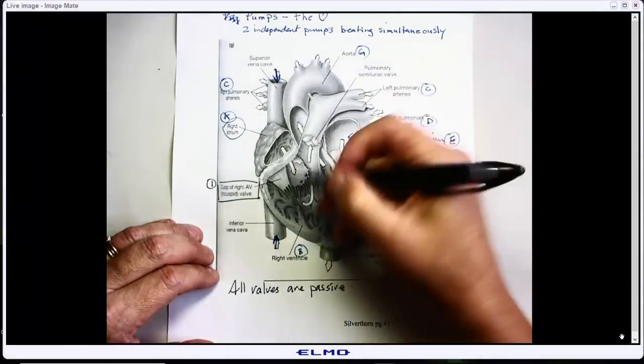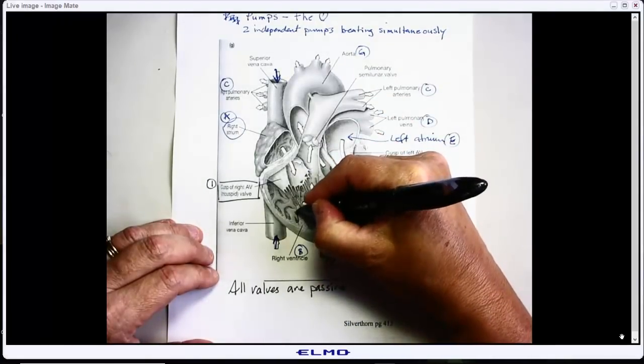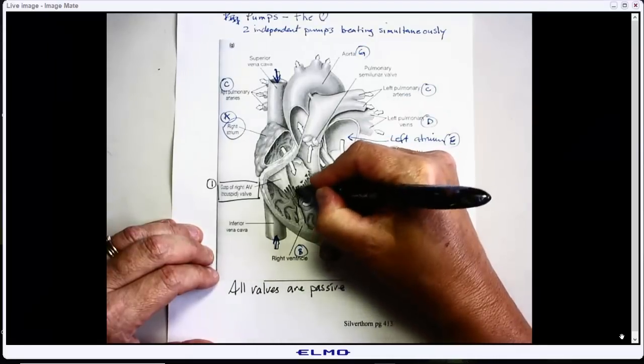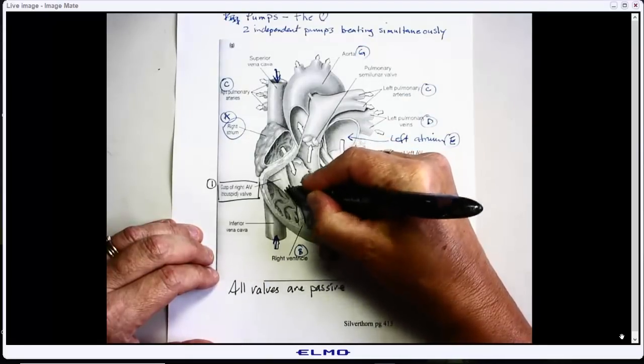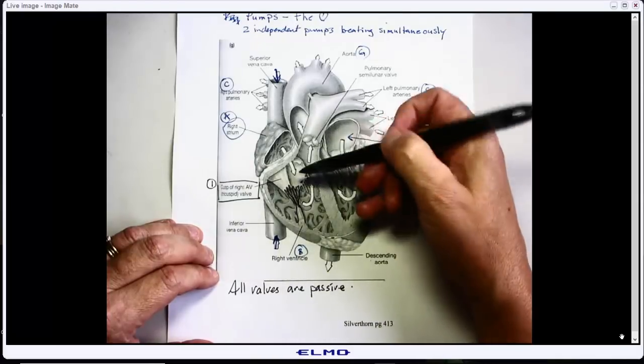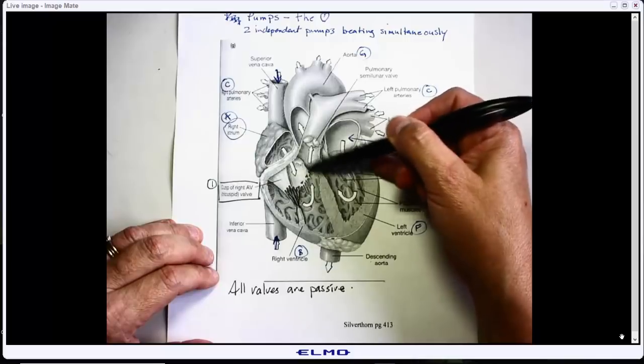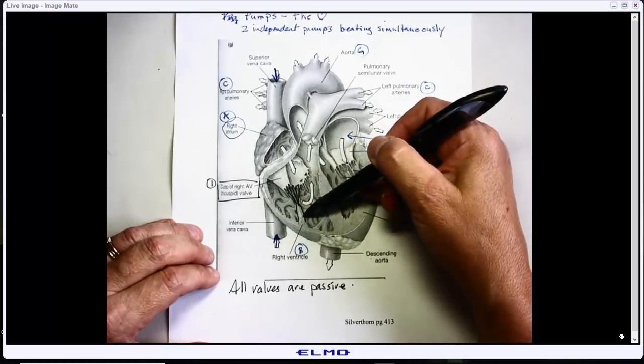Okay, it does look like there's this little papillary muscle here that is desperately clinging on to this wall of the valve. So it does look like there's some sort of muscle attached to it.